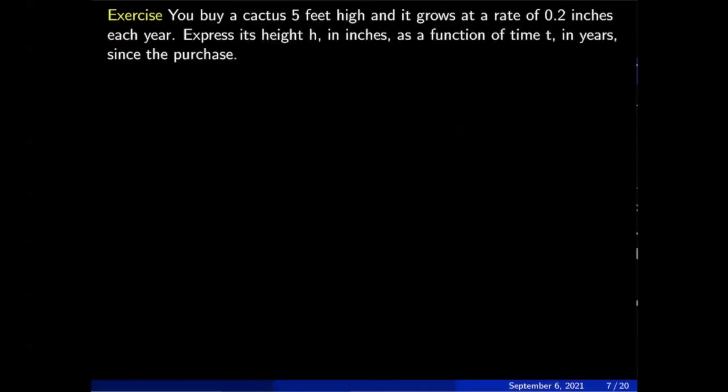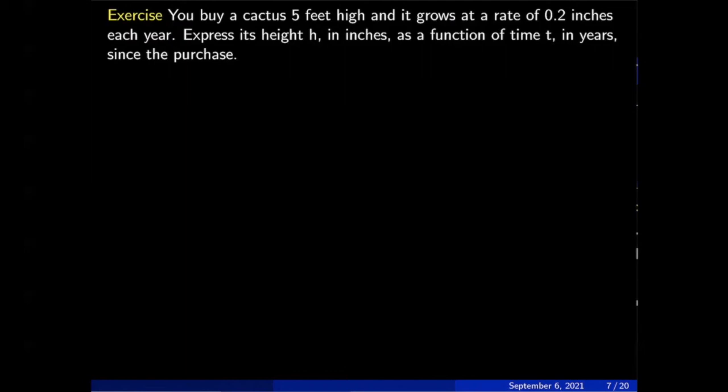Next, I have an exercise which has some real world application. So first, let's read the word problem. If you buy a cactus which is 5 feet in height, and it grows at a rate of 0.2 inches each year, express its height in inches as a function of its time in years since the purchase.